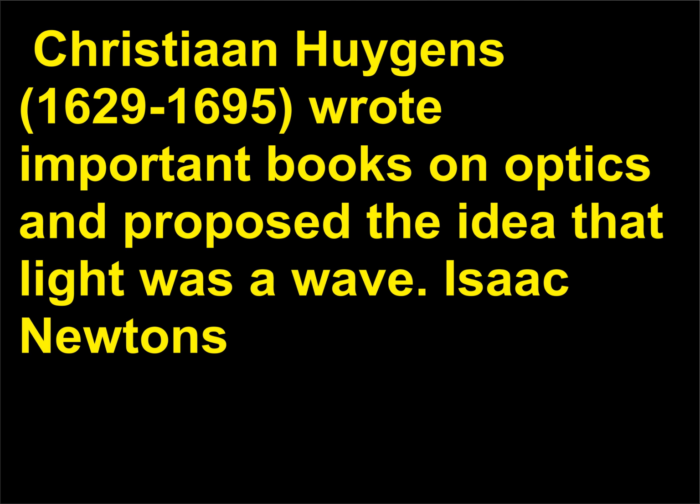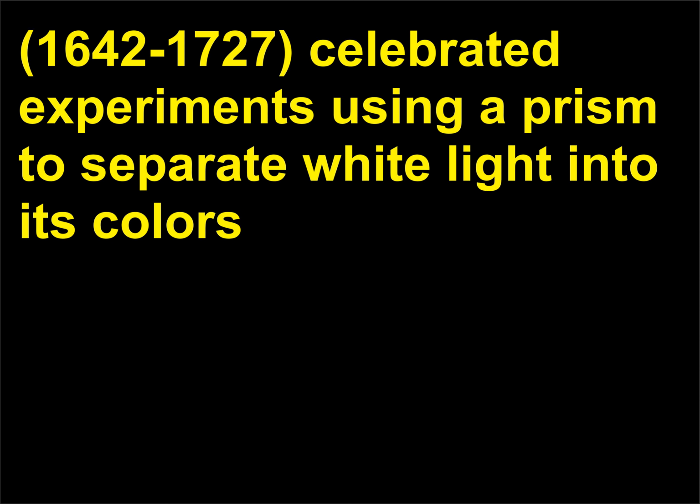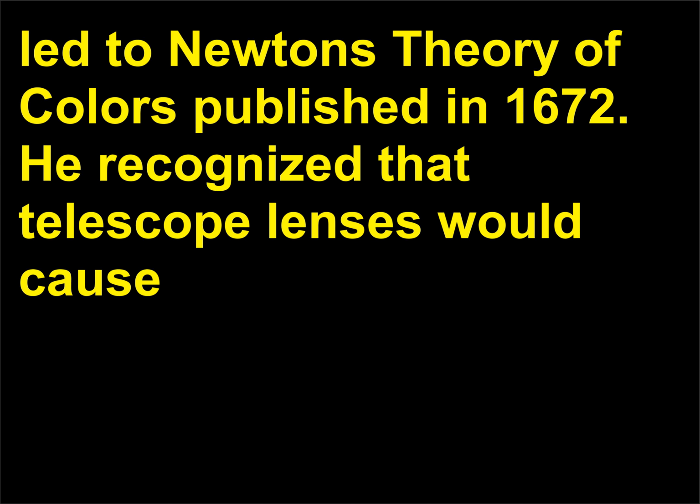Christian Huygens, 1629 to 1695, wrote important books on optics and proposed the idea that light was a wave. Isaac Newton's, 1642 to 1727, celebrated experiments using a prism to separate white light into its colors, led to Newton's theory of colors published in 1672.